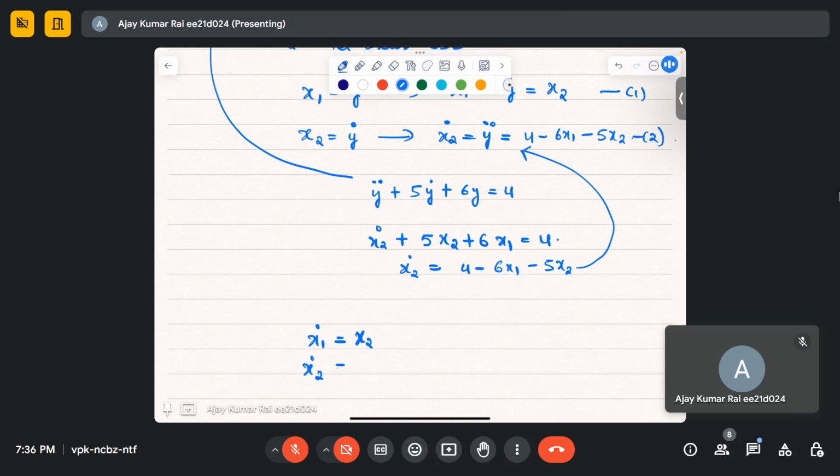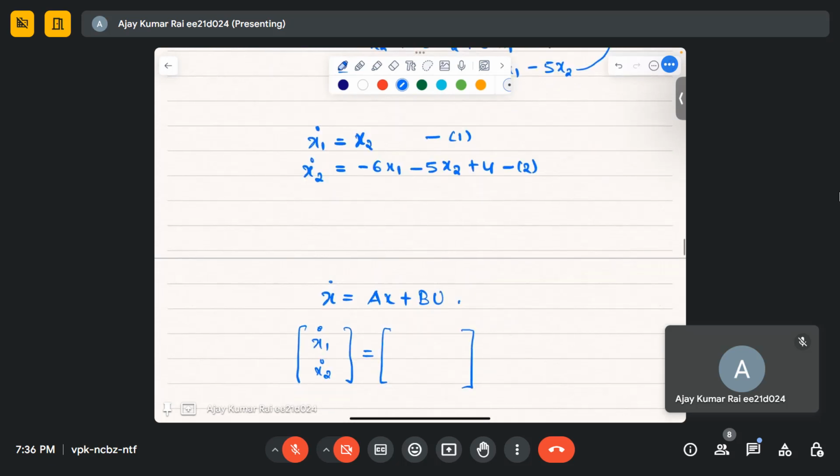The second equation I got is x2 dot equal to minus 6x1 minus 5x2 plus u. So I'm writing them in matrix form. This will be x1 and x2, and this will be the output.